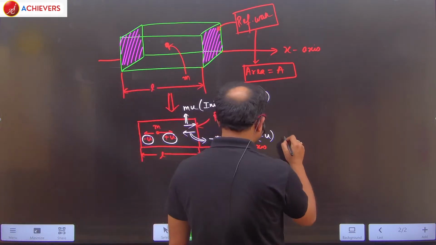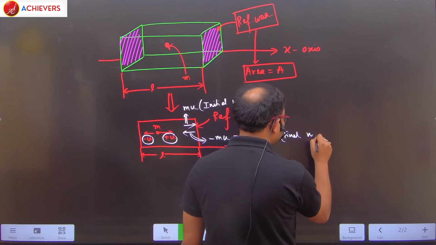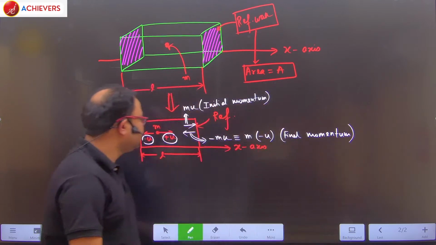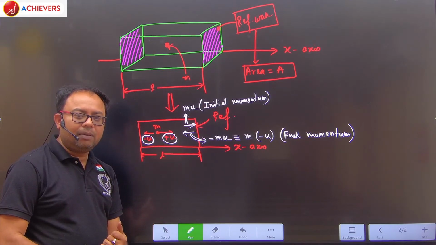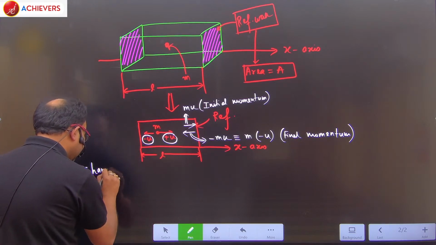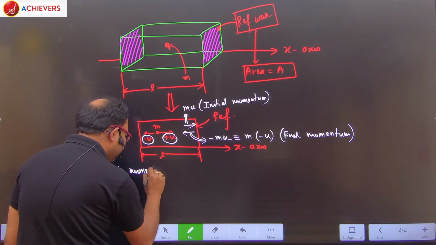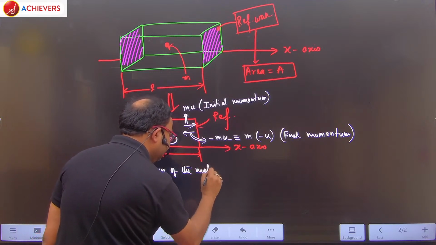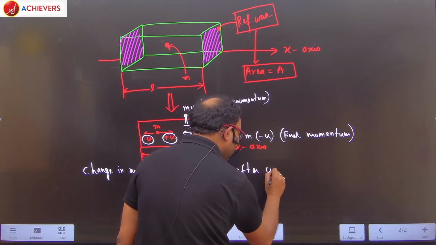So this is the final momentum. Okay. So what is the change in momentum of the molecule after collision?